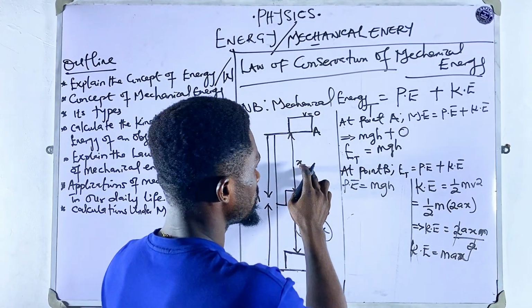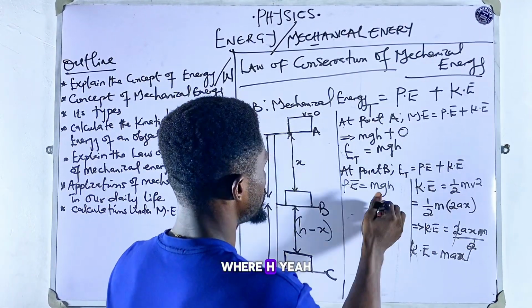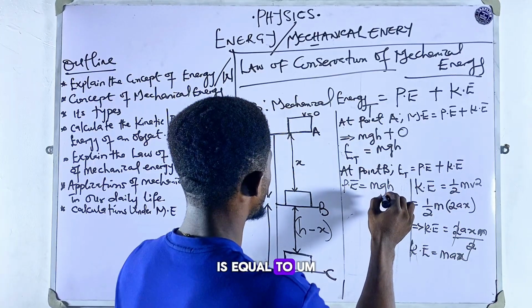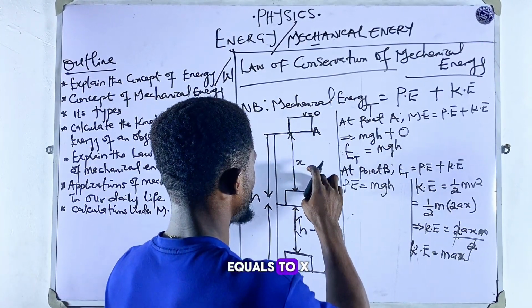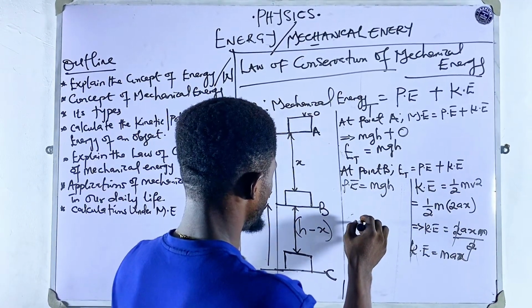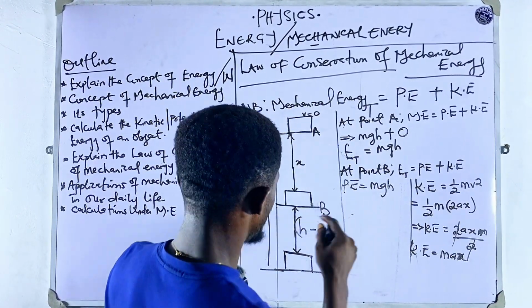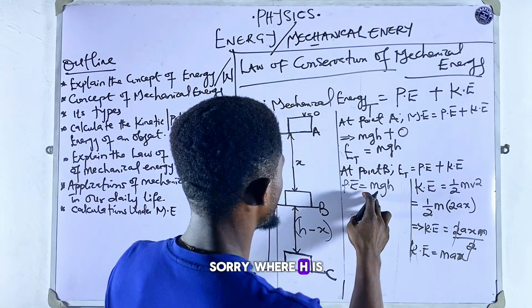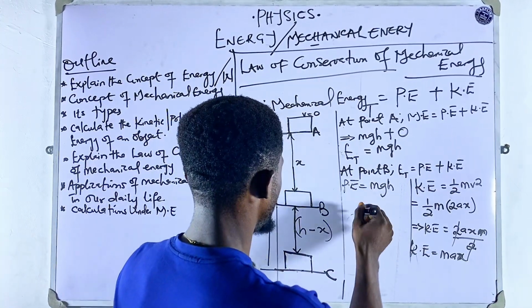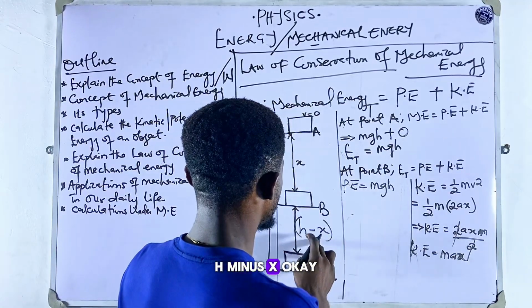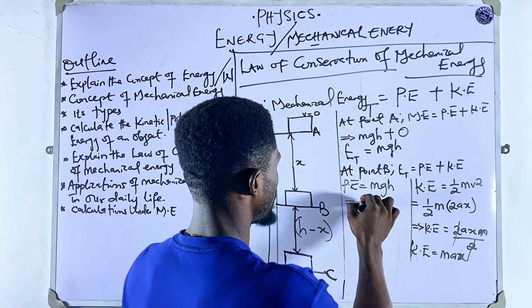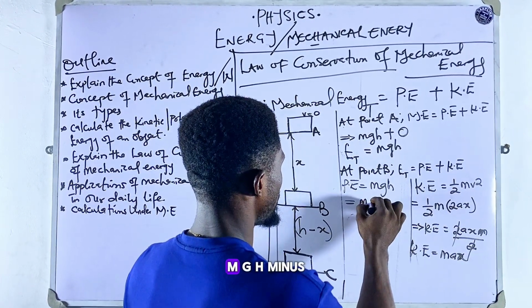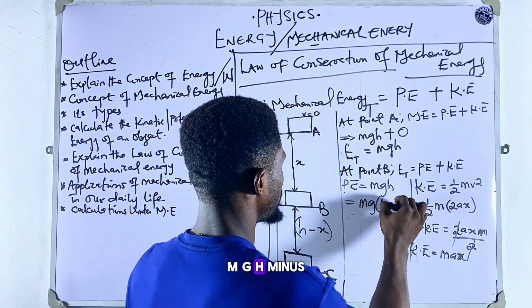where h is equal to h minus x. Okay, so we have mg(h minus x).